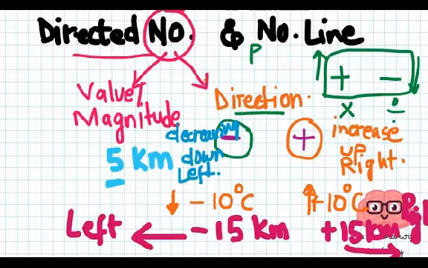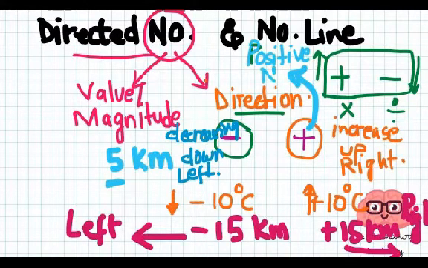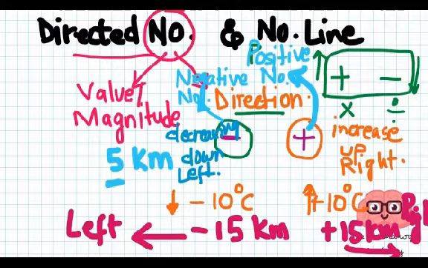So the numbers having a plus sign with them are called positive numbers. And the numbers having a negative sign or minus sign with them are called negative numbers. I hope that now you have a very clear idea of what directed numbers are.